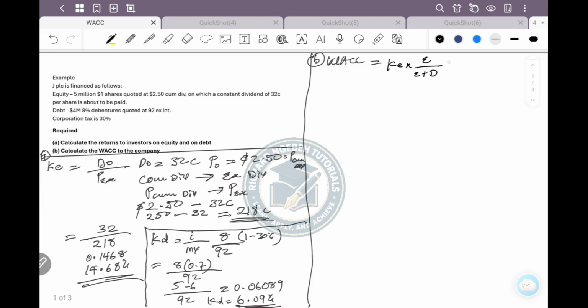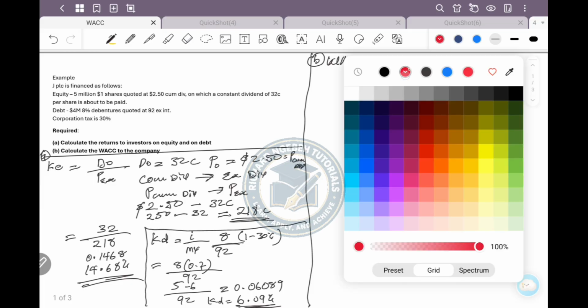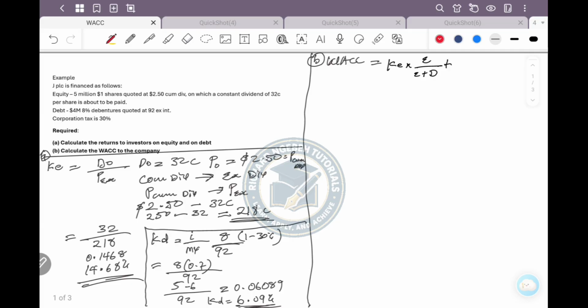Then the other, you add everything to the cost of debt, KD, times the debt weight. What is the weight of your debt? The debt, equity plus debt. This is what you have. Okay.